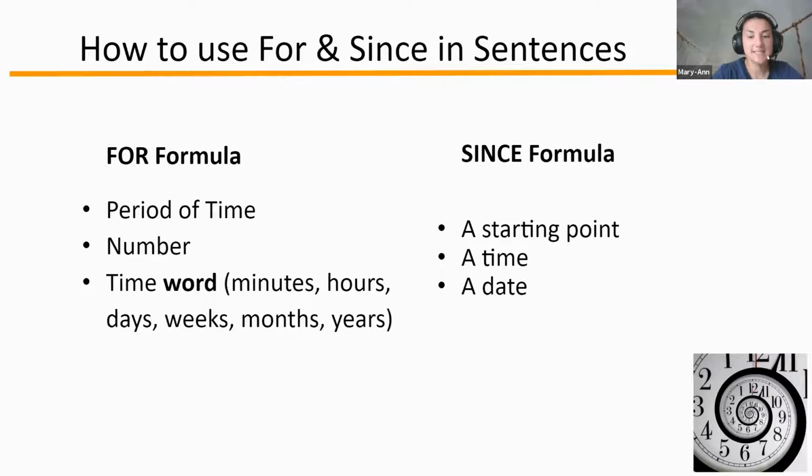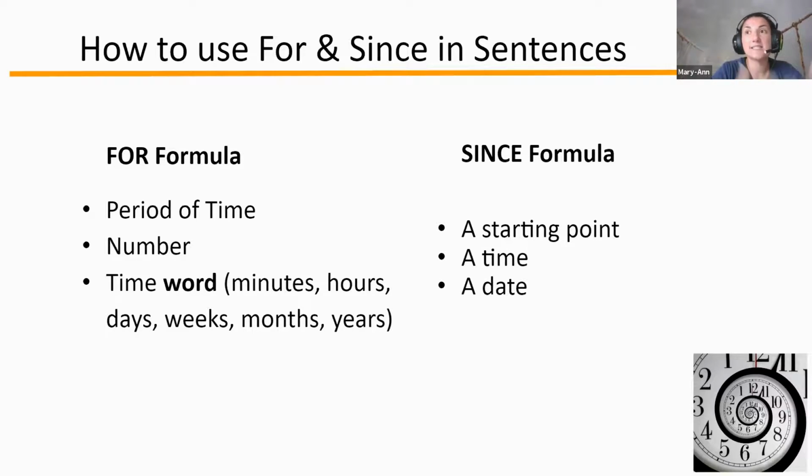Since can be a time. This, I have been talking about for and since 2 o'clock Toronto time. Since a date. I have been living in Spain since March 23rd.